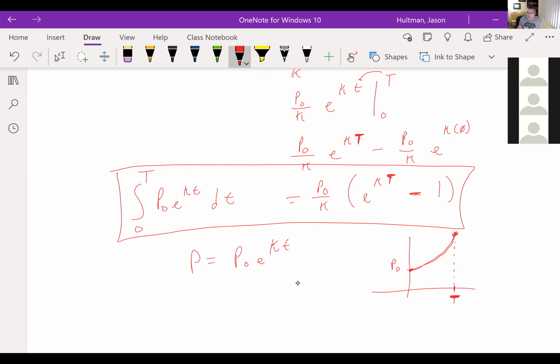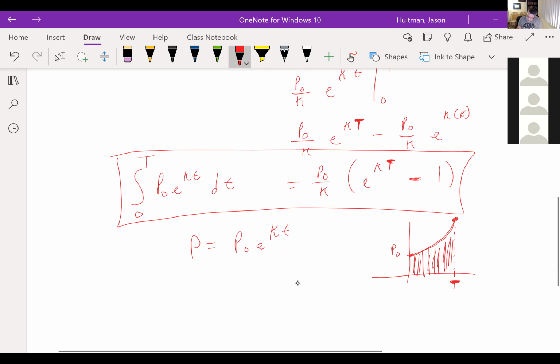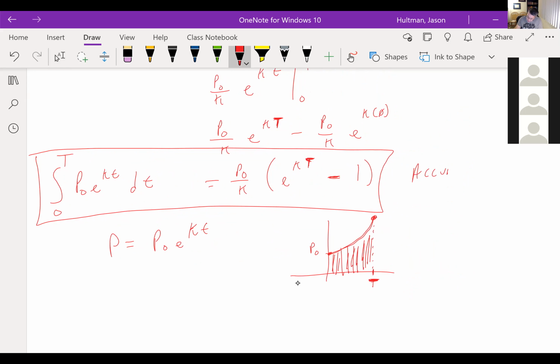But what if we wanted the total of all of those amounts, the total of what we call the accumulated amount? Well, we take the integral under this, and the integral under that is going to be this amount here that we calculated out. Okay, so we call this the accumulated continuous growth total.